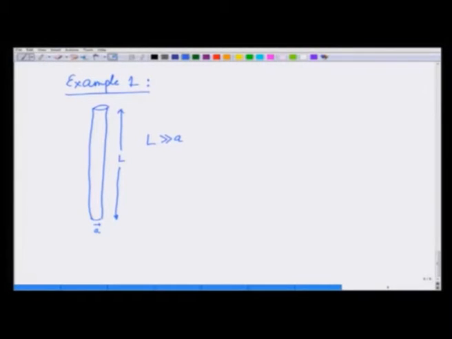And this carries a magnetization M along its length. Since J free is 0, I have curl of H is equal to 0 and divergence of H is equal to minus divergence of M. Let us see what divergence of M in this case is going to be.